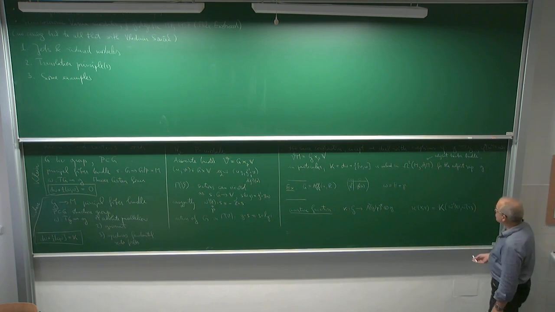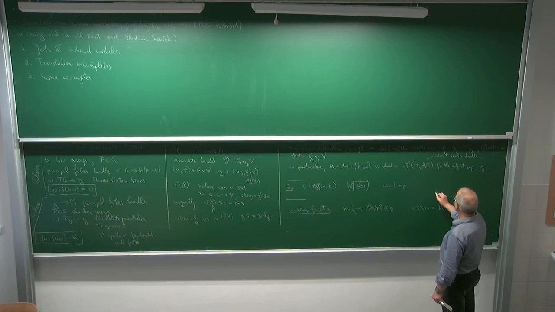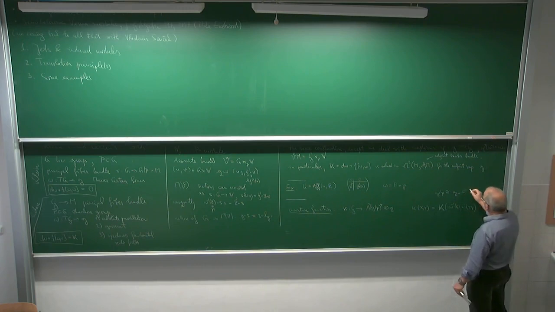But as a rule, we shall assume that we've got a split. So let's assume that we've got an identification of G mod P with something I will call g minus, which is a vector subspace in g.